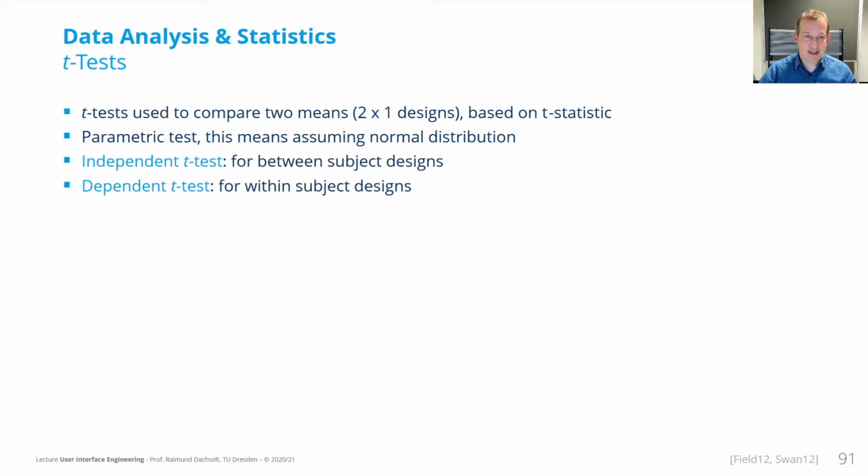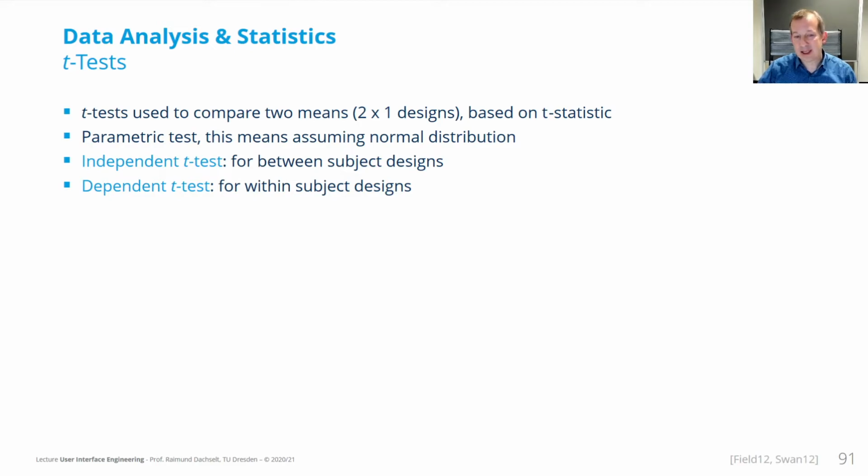It's a parametric test to compare two means, so based on so-called t-statistics, and this is just 2-by-1 designs basically. So you have two sets of data, and you can measure whether the two means are different. So it's just for one condition basically, and it's a parametric test, so it assumes normal distribution.